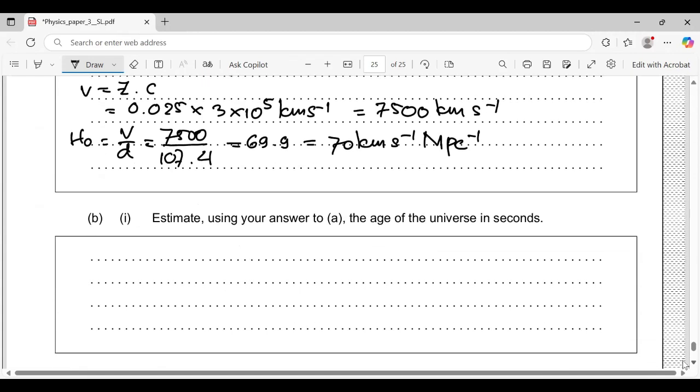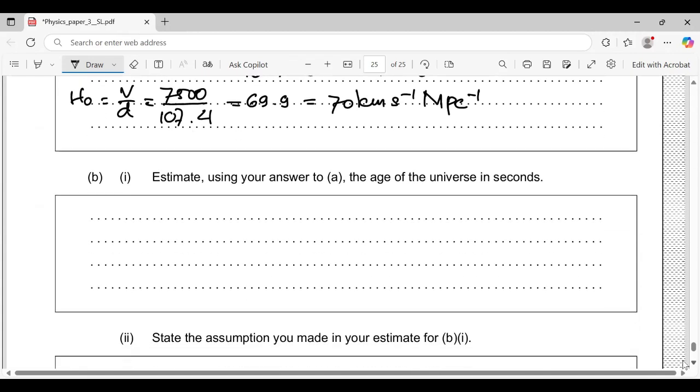Next question. Estimate, using your answer to part A, the age of the universe in seconds. So I would like to convert megaparsec to kilometers. 1 megaparsec equals 3.086 times 10 to the power 19 kilometers.